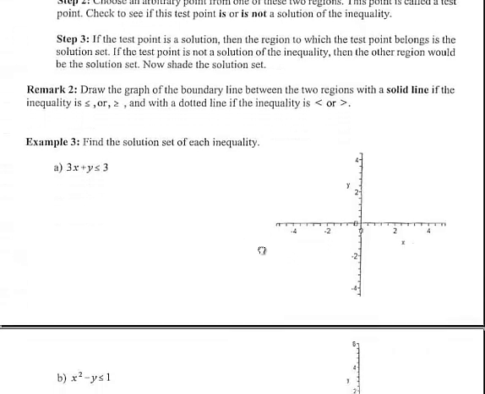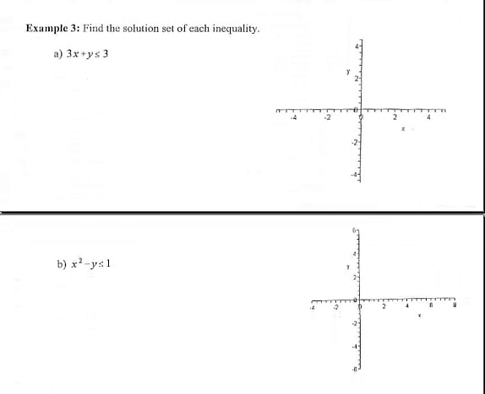Alright, so let's work another example. Example 3, we have this inequality, and what we'll do is we'll follow the steps from above. We didn't do this in the first example, but temporarily we'll replace the inequality with an equal to sign, and we'll put this equation in slope-intercept form.